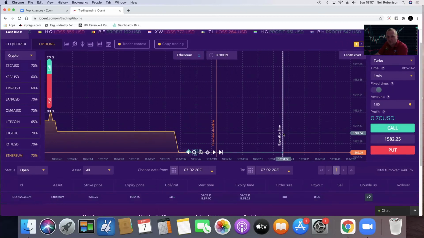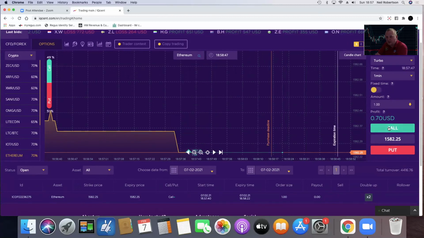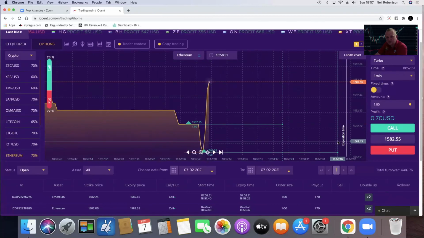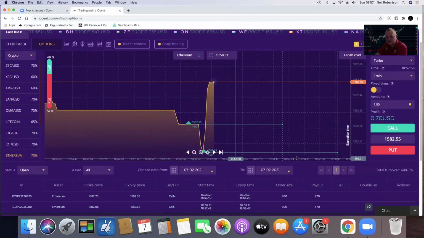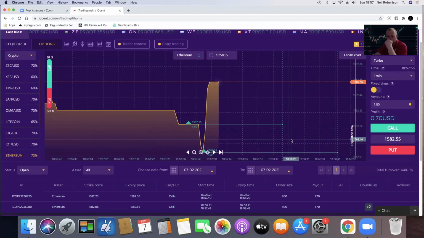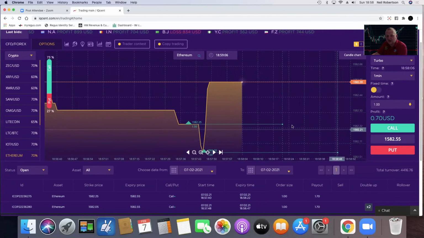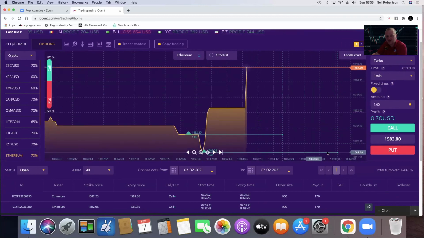That's where it would finish at that point with that off, and that's where it will finish with it on. So you can see that with it on, it's the exact fixed time of the trade, so that's exactly 60 seconds. With it off, it's wherever the expiration bar is where it's going to take you to.